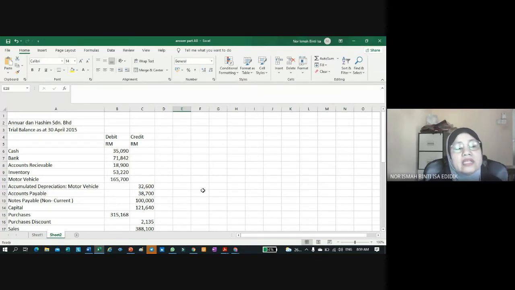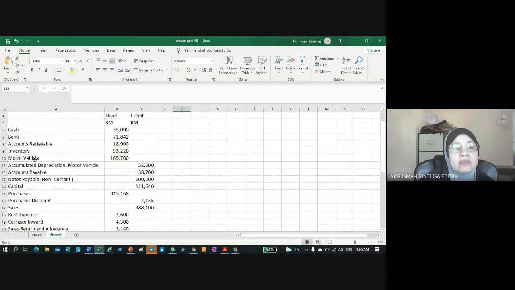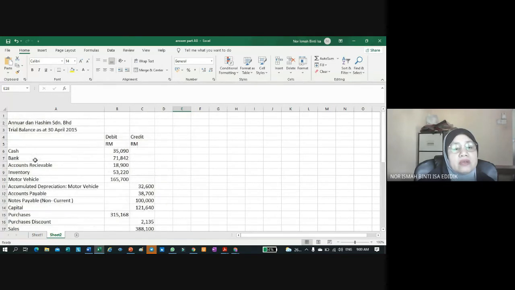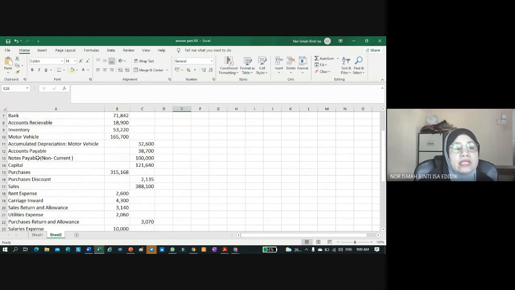We will prepare the unadjusted financial statements first. Adjusted ones come later. Before you do financial statements for adjusted, make sure you know the format first. I want you to understand and be familiar with the format first. So we have here a trial balance as at 30 April 2015, with the debit and credit balances. I will explain the normal balance for each account next week.